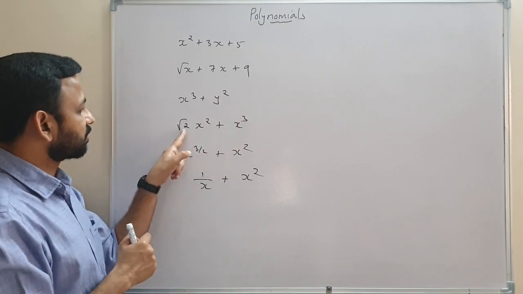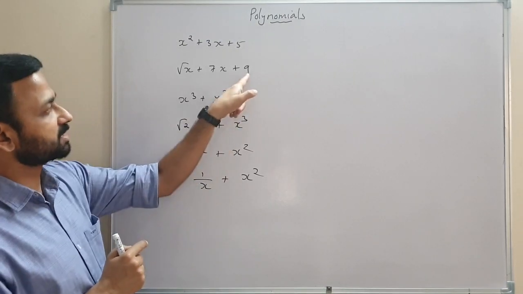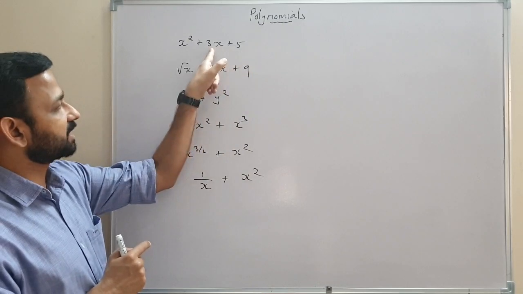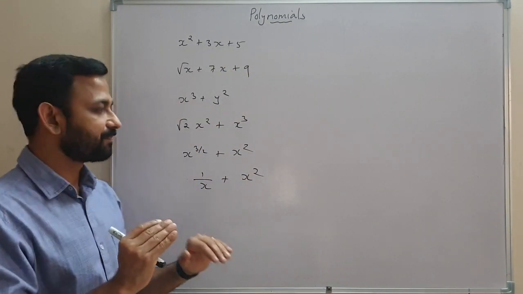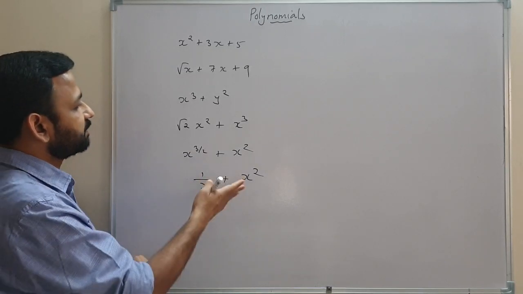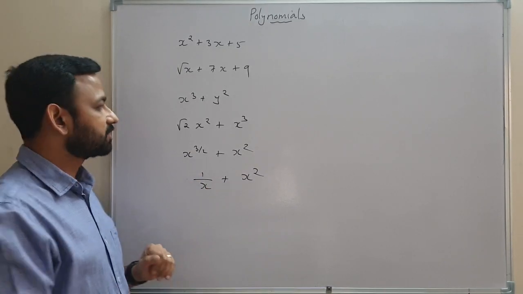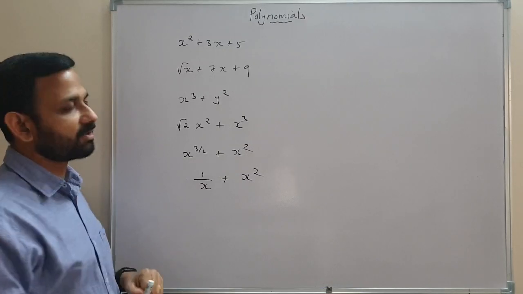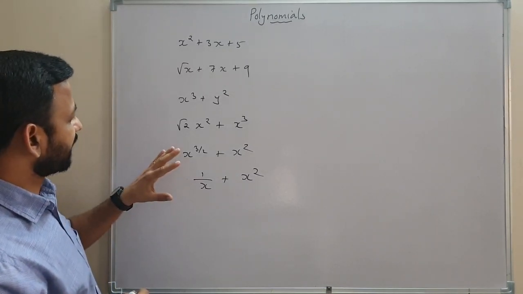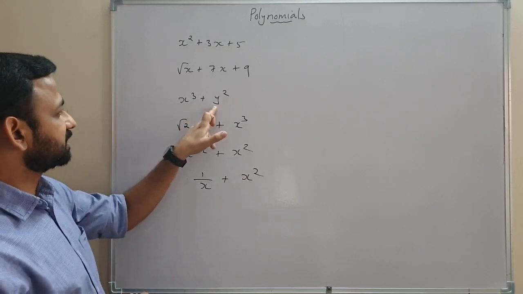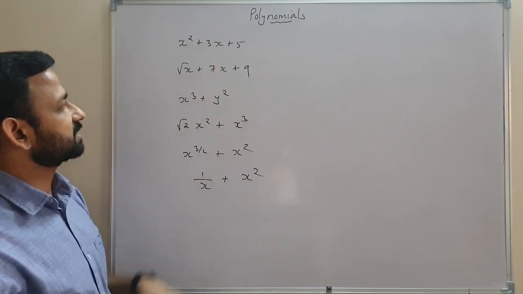And the constants: root 2 is a constant, 1 is a constant, 9, 5, 3, 7 are the constants. Their values are fixed, and variables means their values are varying. So these all are examples of algebraic expressions. They are expressions which contain variables and constants.